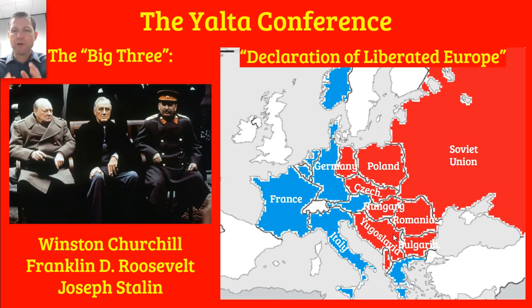So the countries of Western Europe, the countries that were liberated by the British and the Americans, those countries would soon be free to decide their own futures and decide their own governments. Those countries would be truly liberated. The countries in red, however, the countries where the Soviet army drove out the Germans, or where the Soviet army invaded in that last year or so of the war, those countries would not be free to determine their own futures.